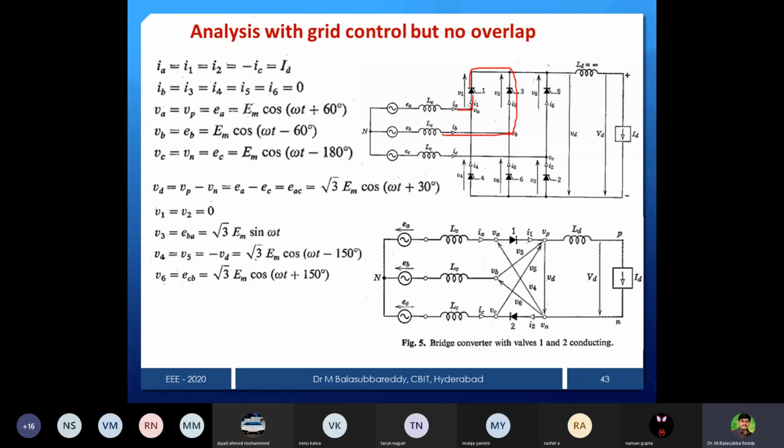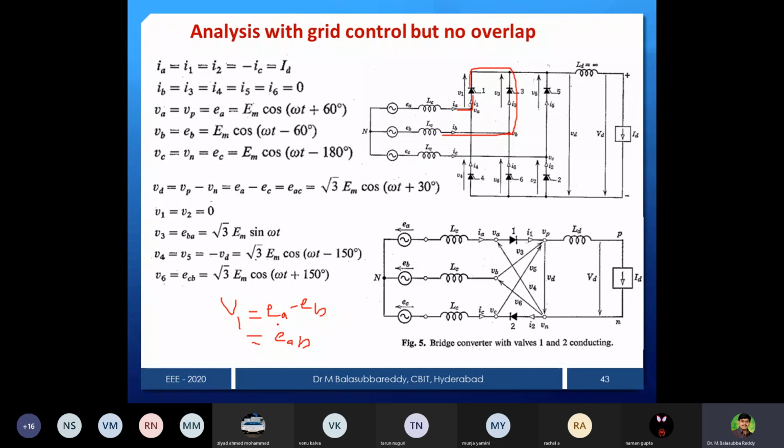So V1 I can write as anode potential EA minus cathode potential EB. Then what is your output voltage? EAB. This is for V1.